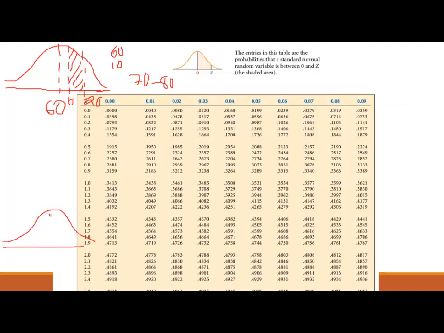According to our chart, 2 standard deviations above the mean is 47%. So this area is 47%. Now what I need to figure out is, what is the difference between that and 1 standard deviation?